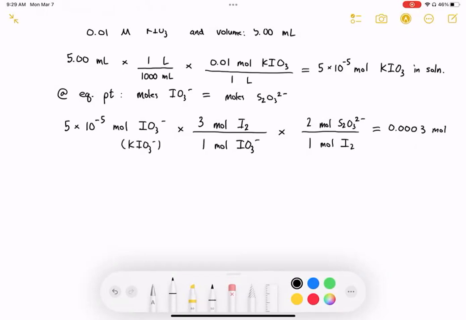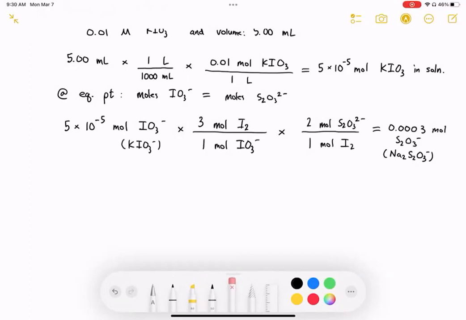One mole of it will give us that many moles of iodate, and likewise here. We could say S2O3 2 minus, but as you know, this will be the same as writing sodium thiosulfate, because for each mole of sodium thiosulfate, we get 2 moles of sodium ions and 1 mole of S2O3 2 minus.